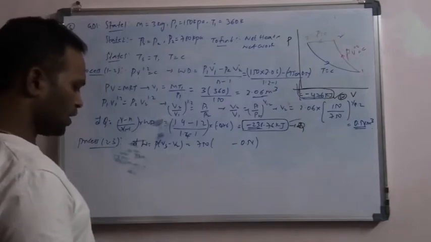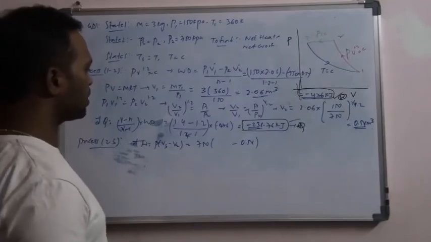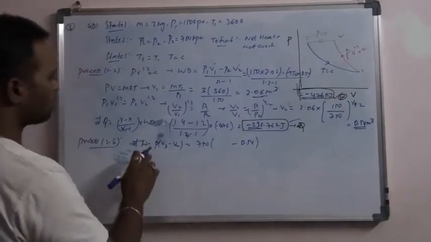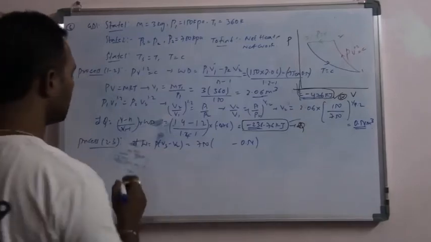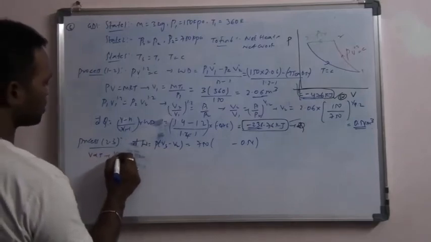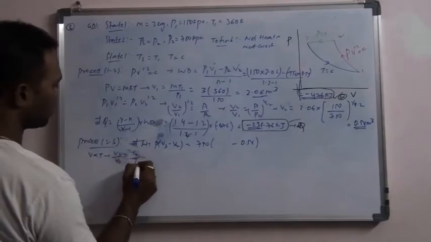How do we calculate V3? From the relation between temperature and volume. In a constant pressure process, V is directly proportional to T. So V2 by V3 is equal to T2 by T3.